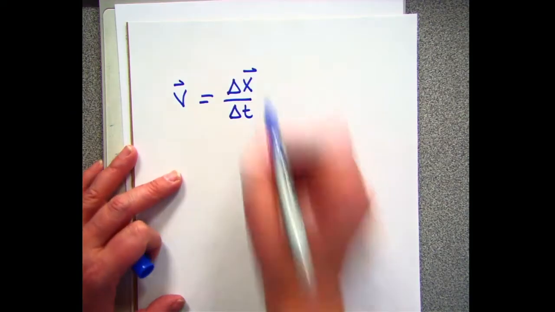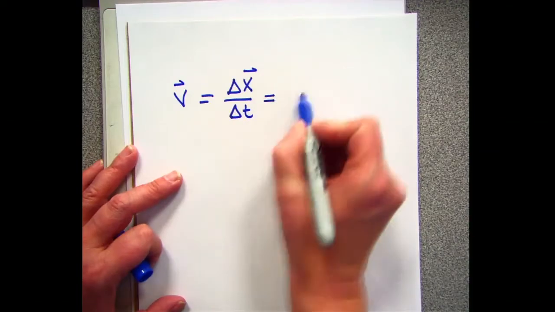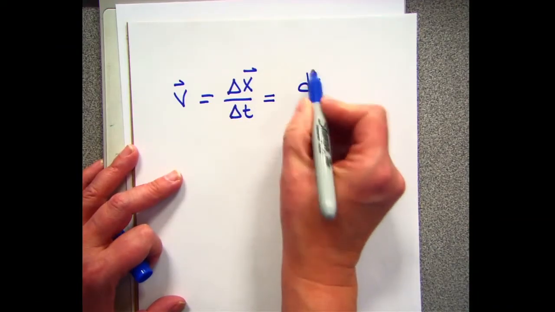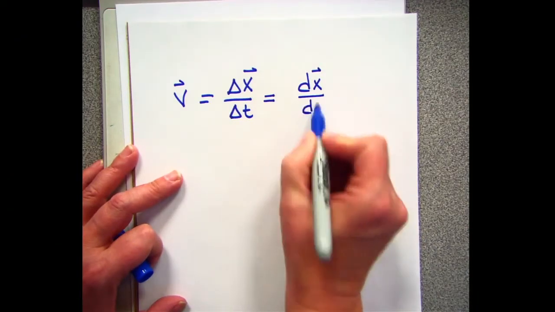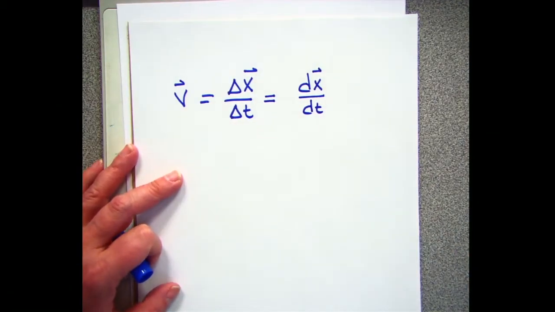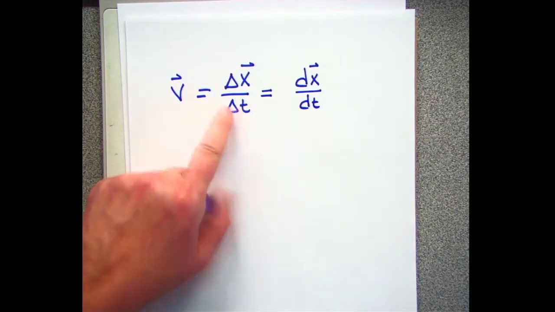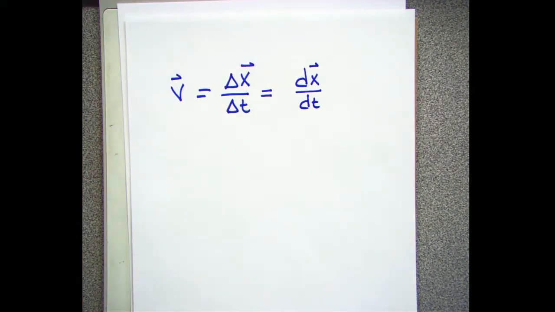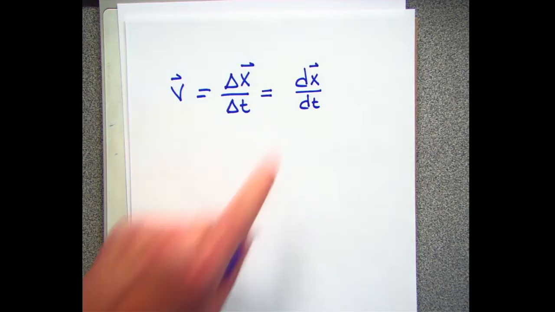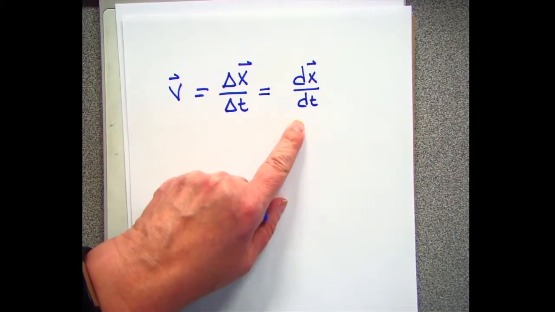We will ultimately see that that change is actually a differential, the differential with respect to x and with respect to time. This is where we start to see the change between algebra-based and calculus-based physics, as we start to write it out this way.